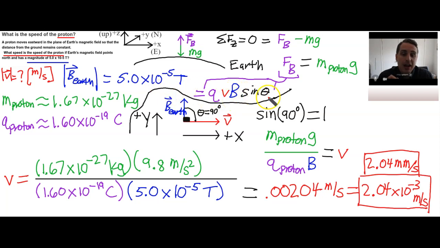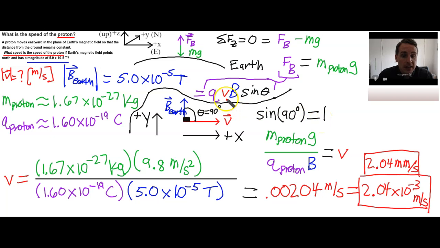And then sine of the angle between them, theta, is the smallest angle between the velocity vector of the proton and the Earth's magnetic field vector direction, which in this case, if you view looking down on the east and north plane, that is the x and y plane, theta is 90 degrees. And we know that the sine of 90 degrees is exactly equal to 1.